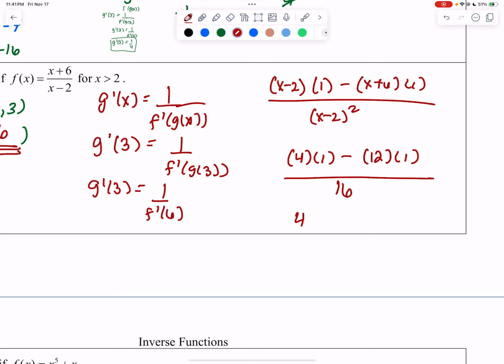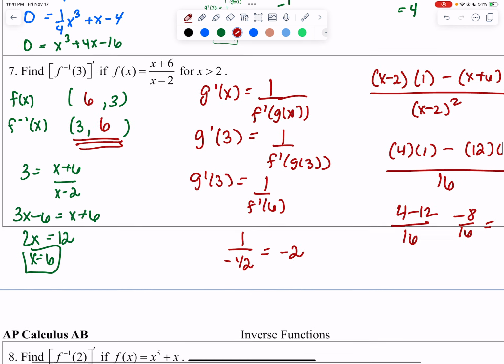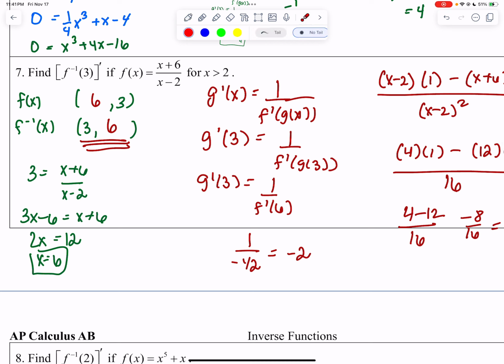So you have 4 minus 12 over 16, negative 8 over 16, which is negative a half. So that means that f prime of 6 is negative a half, which means that g prime of 3 is going to give us negative 2. So this tells me that the inverse derivative of f at 3 is negative 2.